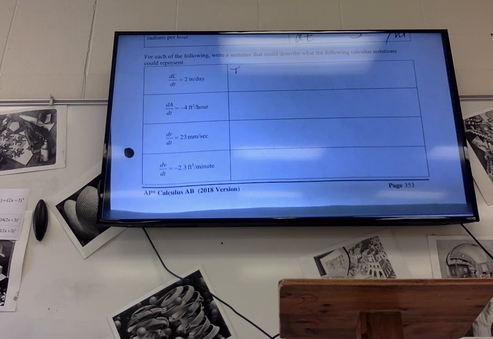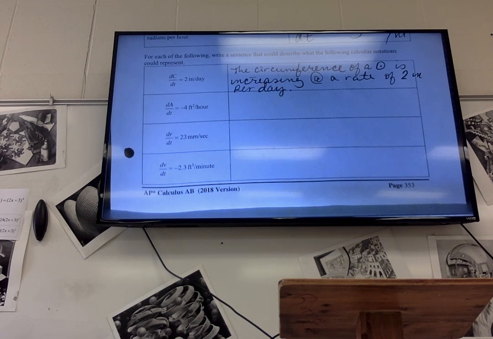The circumference of a circle is increasing because it's positive, at a rate. We had to use the word rate so that we knew it was a derivative. At a rate of 2 inches per day.